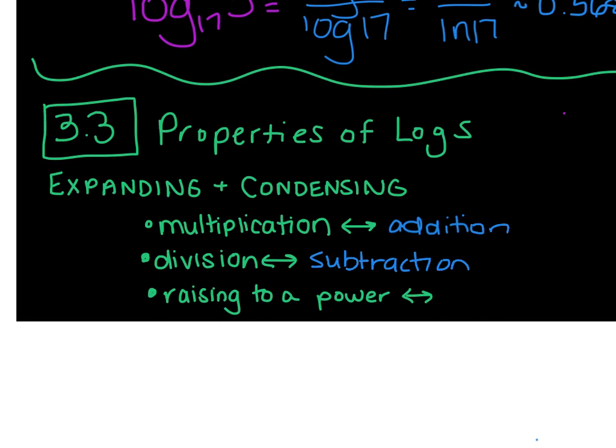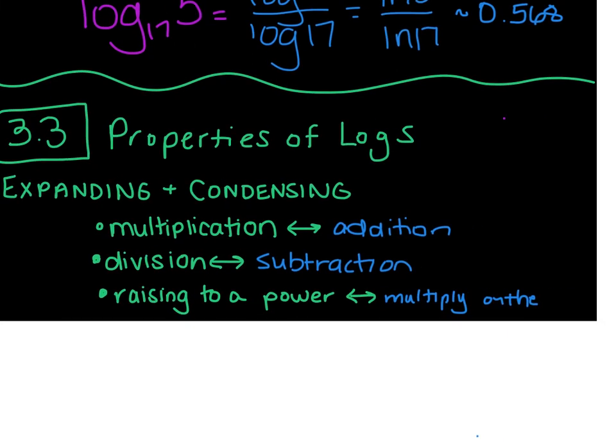So you multiply it on the front. And that goes both ways, right? So if it's addition and it's expanded, then when we put it together, it's multiplication. If it's subtraction and expanded, we put it together, it's division. And if it's multiplying on the front and we are condensing it, then you raise it to the power.